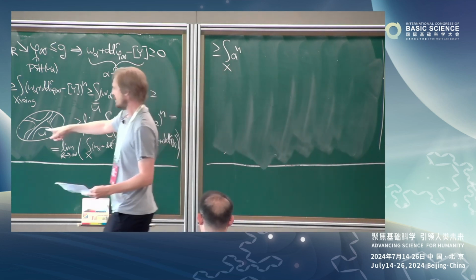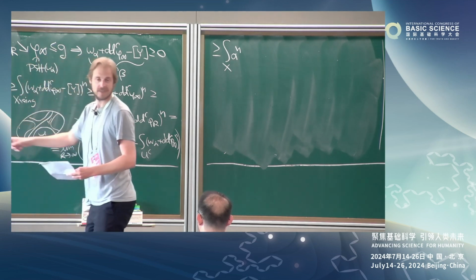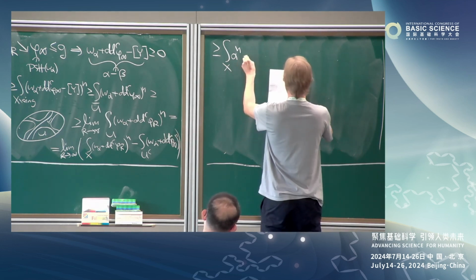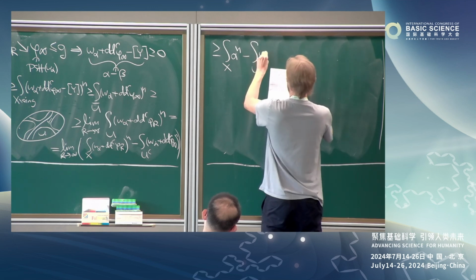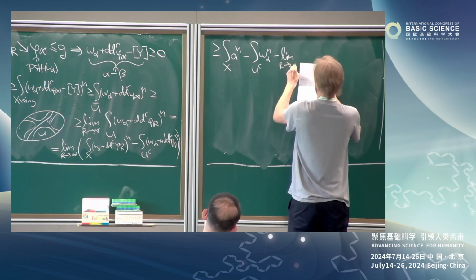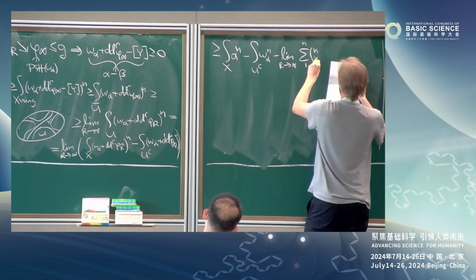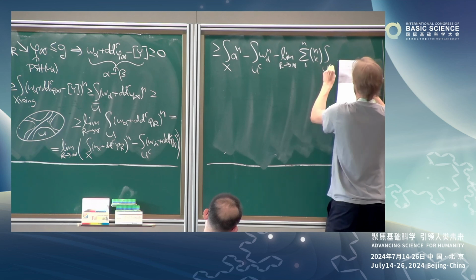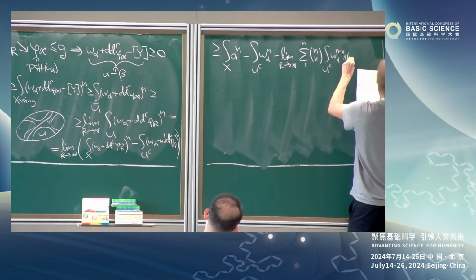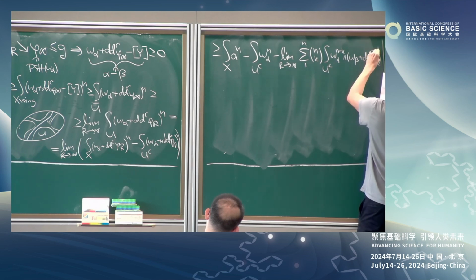And now I use this inequality, and I integrate over the complement of U. So I get then minus over K.